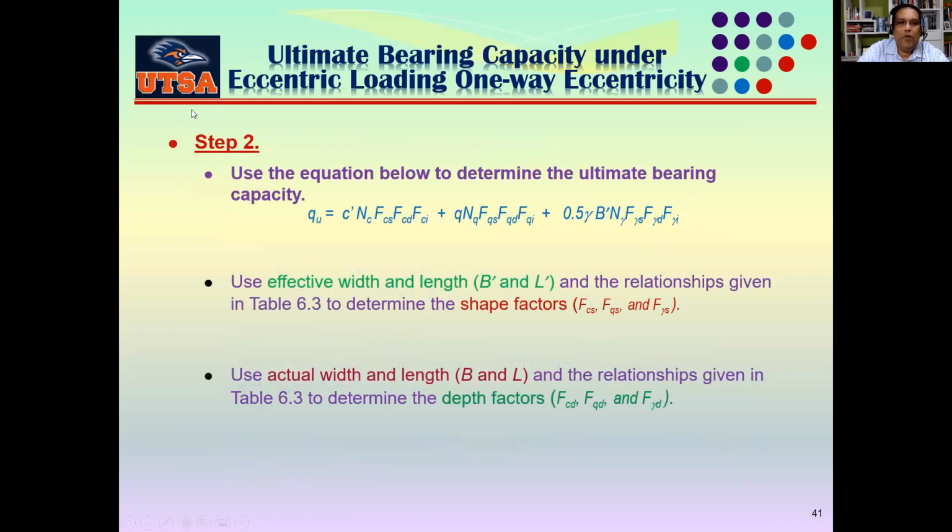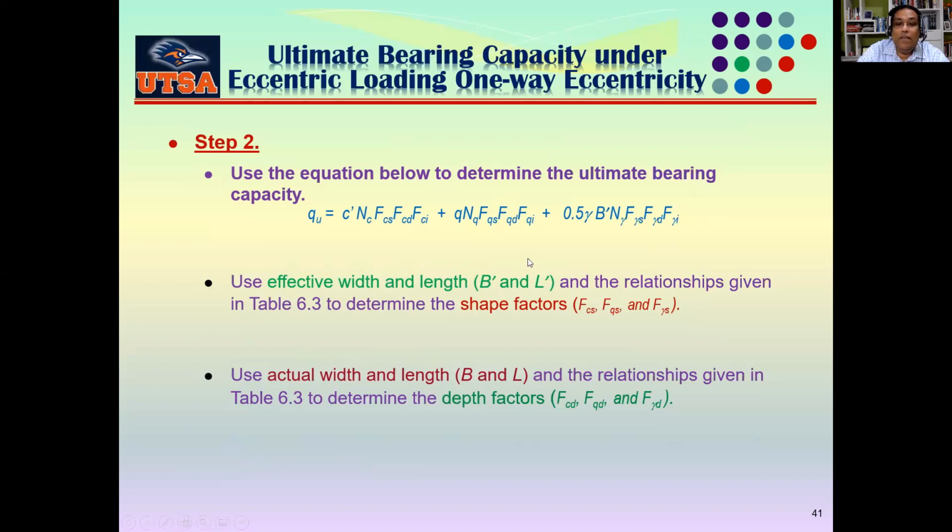Now, step 2, you have to use the same ultimate bearing capacity formula here with all those factors, okay? But you have to remember very carefully, this is one of the most important parts of these problems, that when you try to find out your shape factors here, like FCS, FQS, and F gamma S, then basically you have to use your effective width and length, okay?